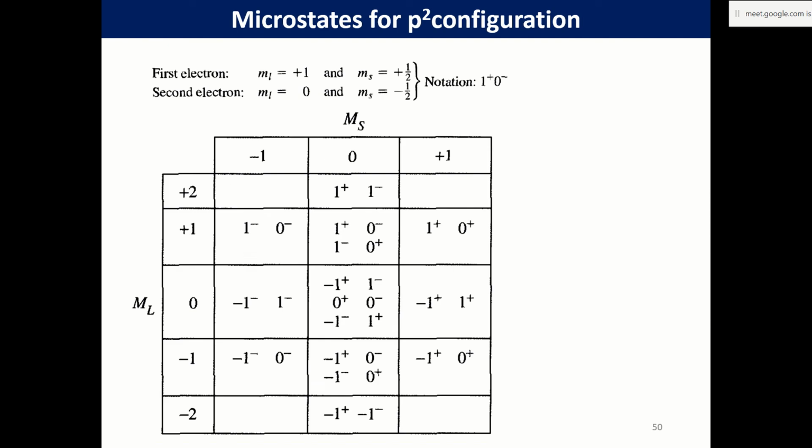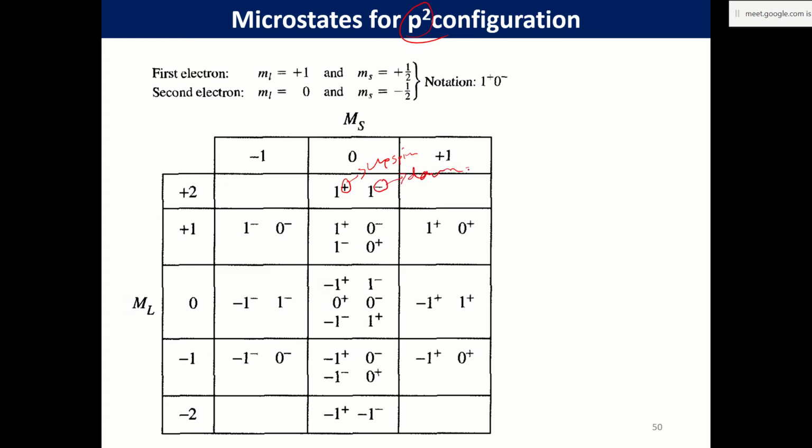So we were here considering writing the P2 configuration. Here we are taking advantage of the fact that the plus and minus sign we have can be assigned for spin. This is up spin, and this minus sign is for down spin.